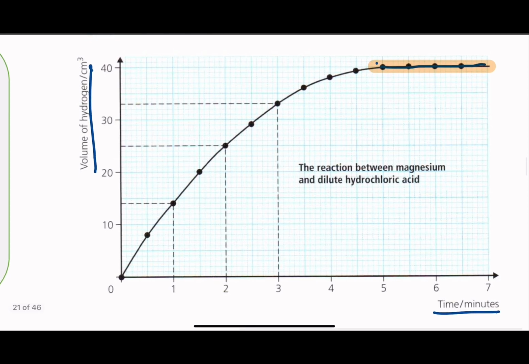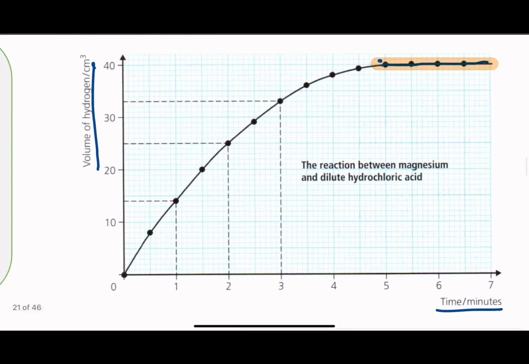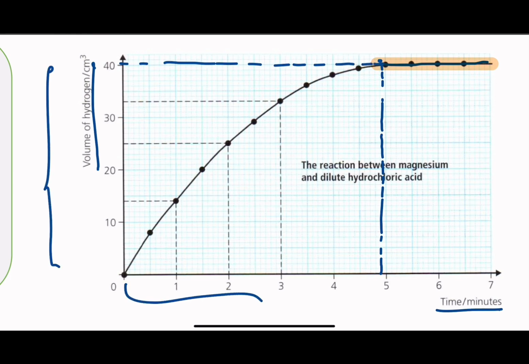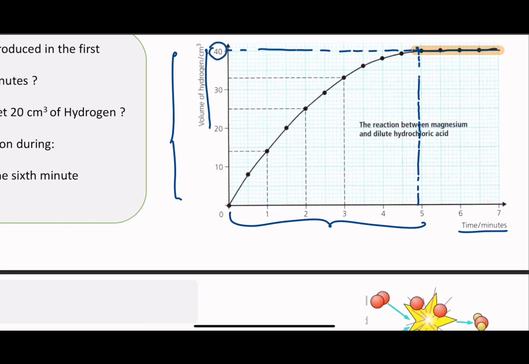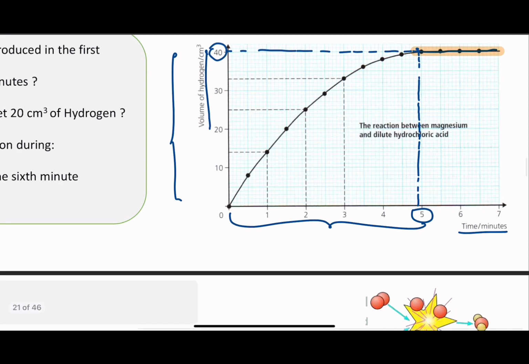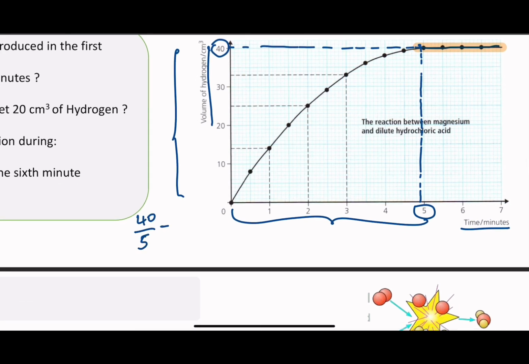Just before that, right here, mark this down, and you would see that the delta V, this part, divided by this much time gives you the average rate. You got about 40 here, and then you have 5 minutes. So 40 divided by 5 is 8 centimeter cube per minute. That is your average rate of reaction.